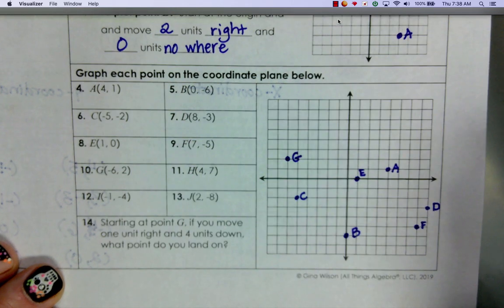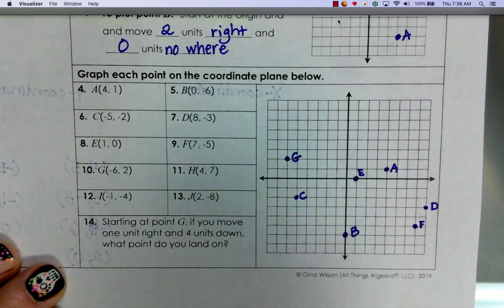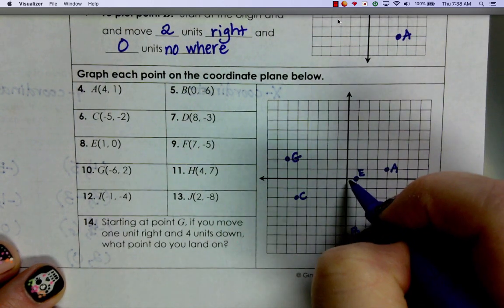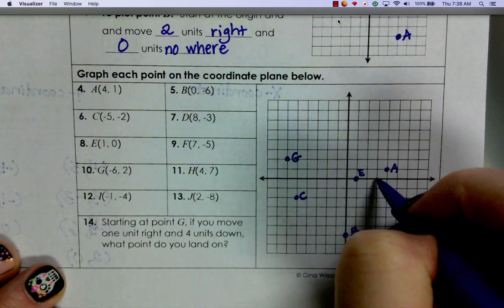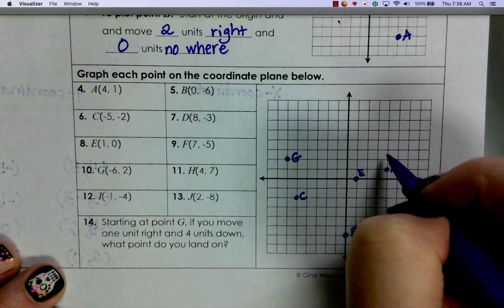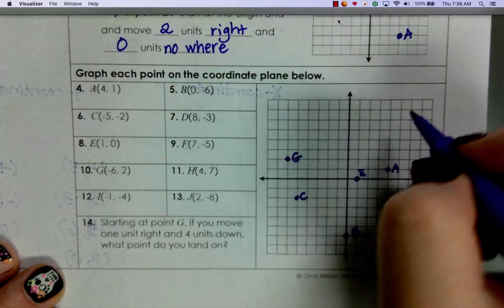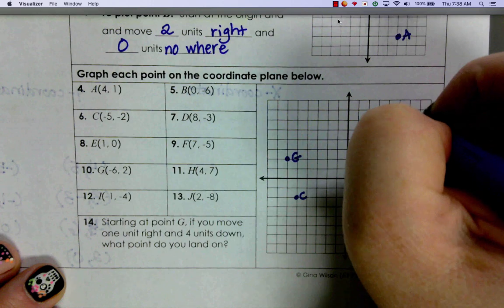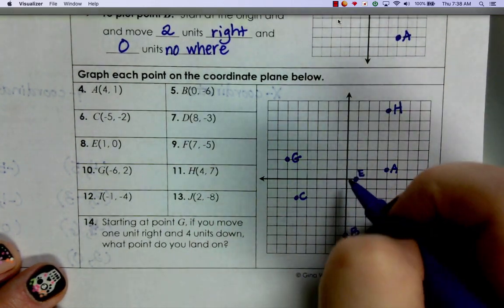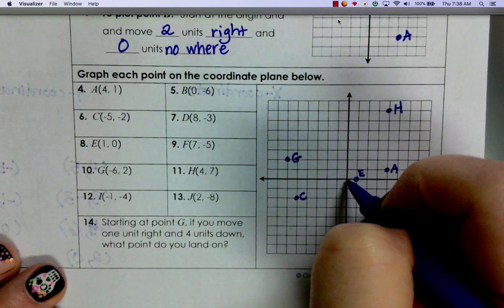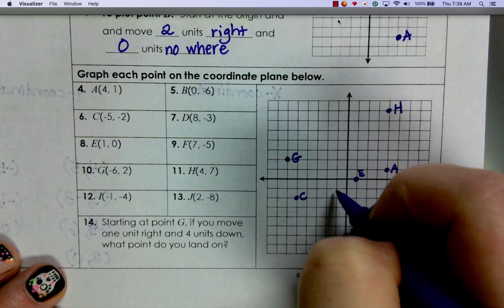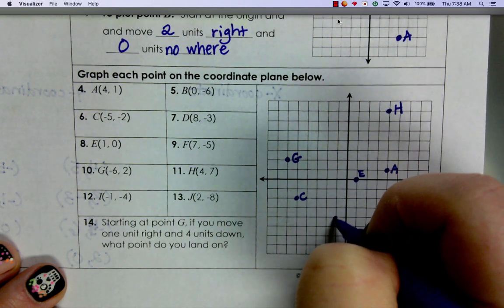Number 11, letter H. Letter H is from the origin moving to the right 4, 1, 2, 3, 4, going up positive 7, 1, 2, 3, 4, 5, 6, 7, H. Number 12, letter I, from the origin negative 1, which means we're going left, and then negative 4, which means we're going down. 1, 2, 3, 4.